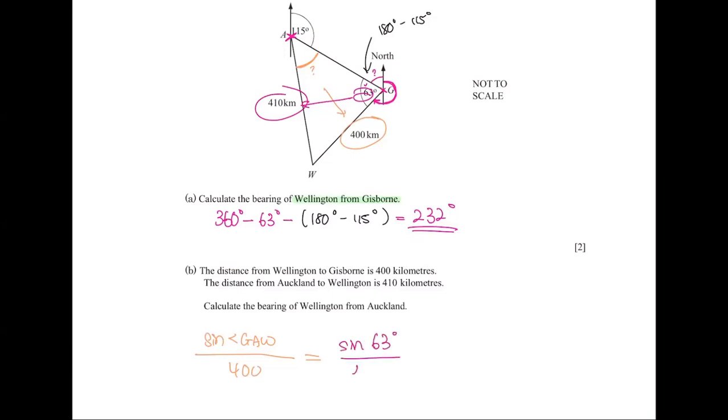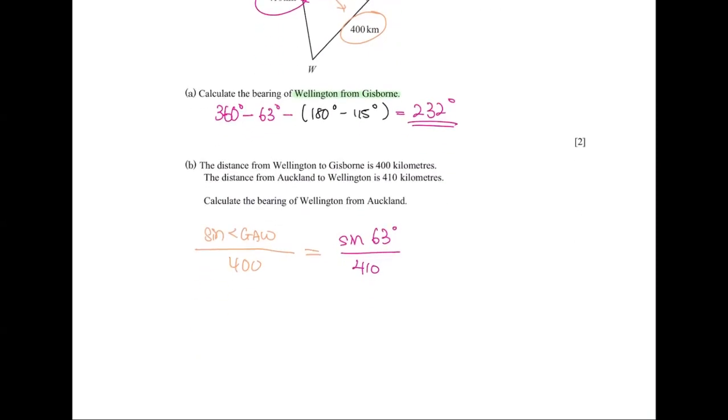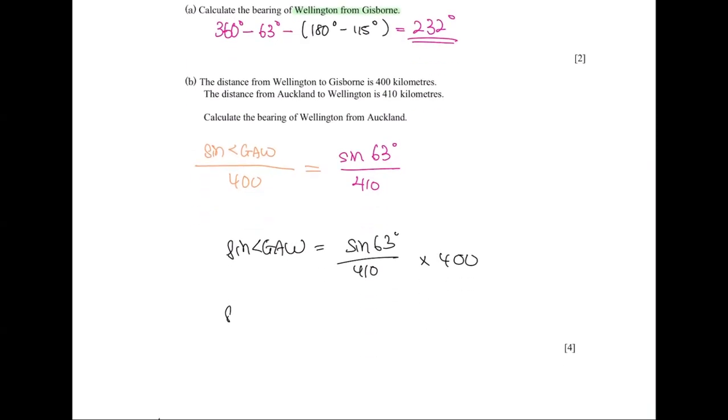This is your sine rule, so you can get your answer. Sine GAW is equal to sine 63 divided by 410 multiplied by 400. That gives 0.86927465 for sine of angle GAW.